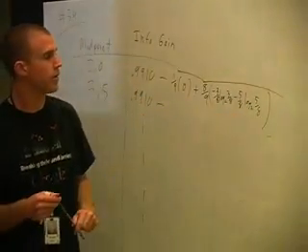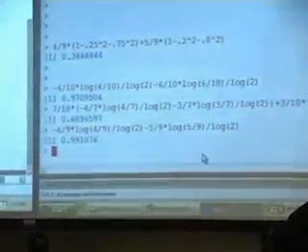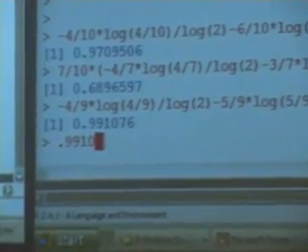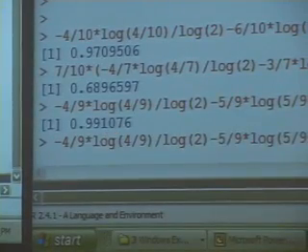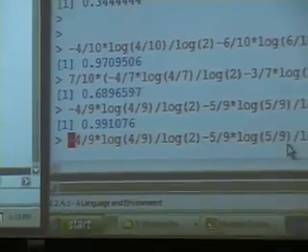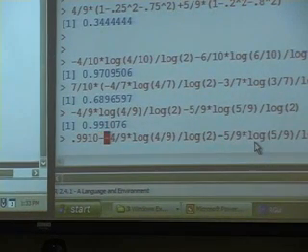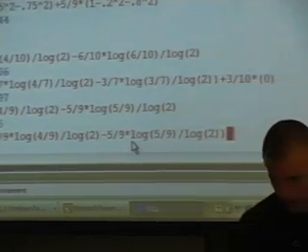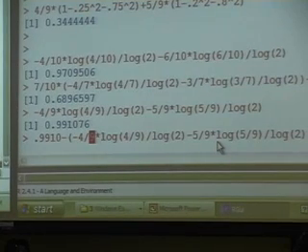And let's see, if I were to actually compute this instead of just talking about it, what would it be? So it would be 0.9910 minus, let me recycle this, 0.9910 minus the entropy in that node times 8/9. So actually, this should distribute the negative through, right?